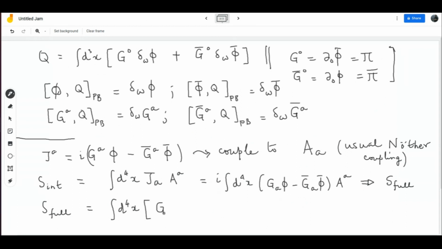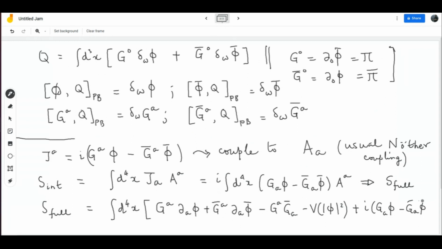We have GA del A phi plus G bar A del A phi bar minus GA G bar A minus V of mod phi squared plus i GA phi minus G bar A phi bar AA, and another term, which is your favorite term, namely minus 1 over 16 pi c FAB, the Maxwell term.